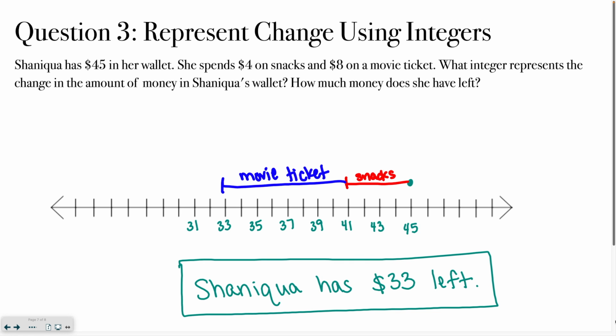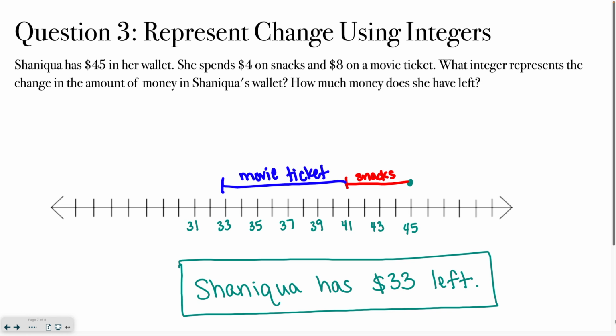Okay, welcome back. Hopefully you ended up with Shaniqua having $33 left. If you're unsure how I got that, I did draw out a little bit of a number line to help you. So you can see I started at $45 with my dot, and then I moved to the left to represent that decrease, the amount of money that she spent on snacks.